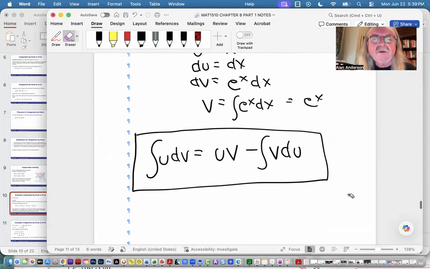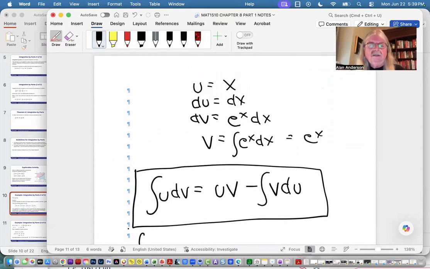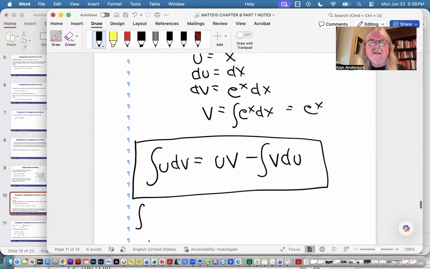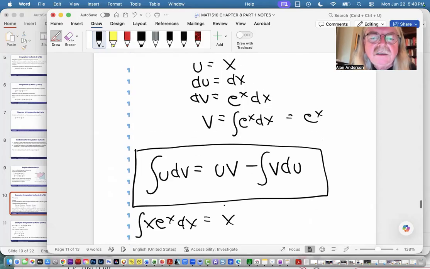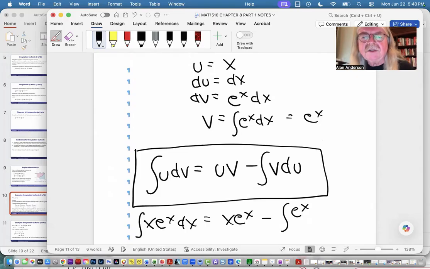All right, what do we have? So we started out as u is x, dv is e to the x dx. u is x, v is e to the x. And then here we have again e to the x, but du is dx.